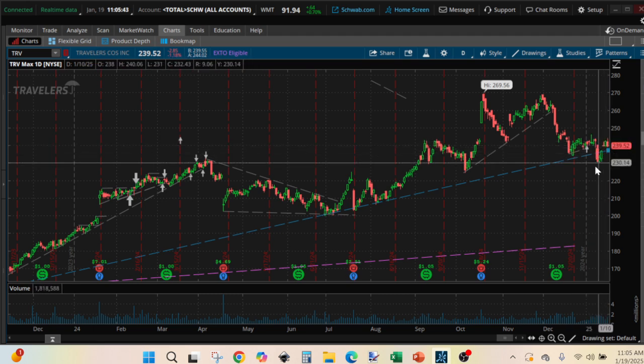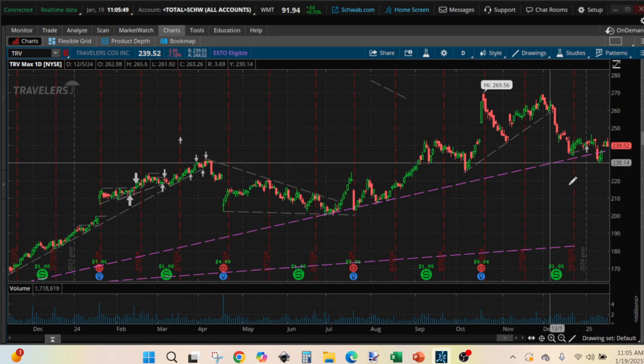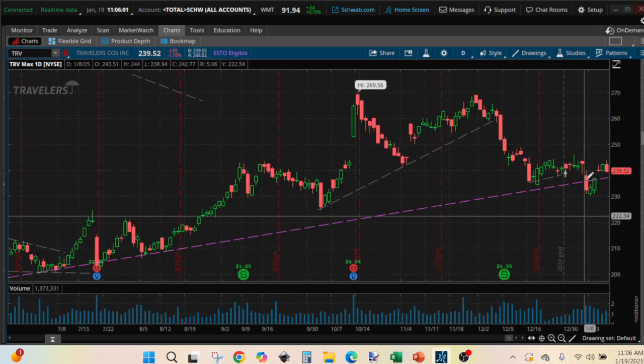So yeah, we are just going to keep observing it. But as you can see, at the trend line, it's good to see a few higher lows showing you like an uptrend.